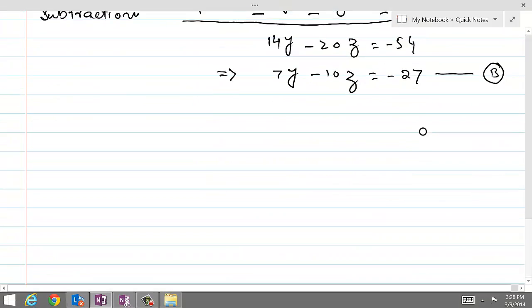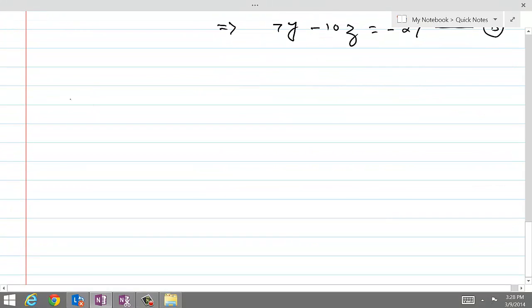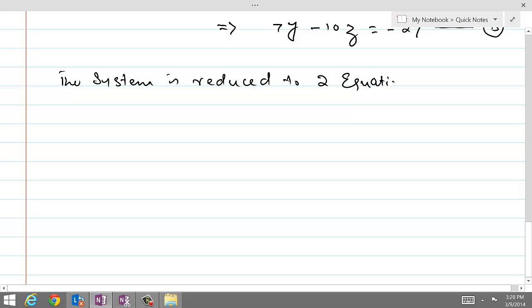Now the system is reduced to two equations in y and z.